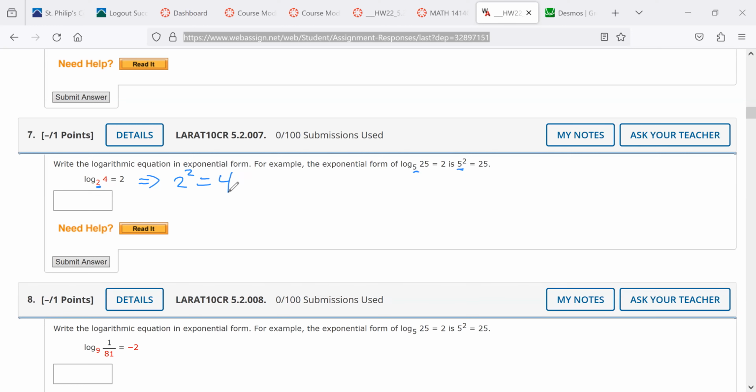So you're going from logarithmic to exponential. And it helps to see this, or writing the formula down, of course, but this kind of helped me because I don't have that memorized. Any questions on 7? Is that straightforward? We're just using a definition.